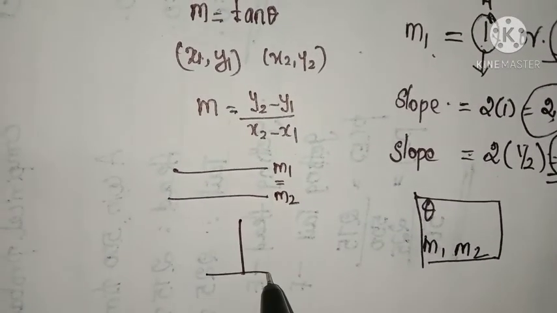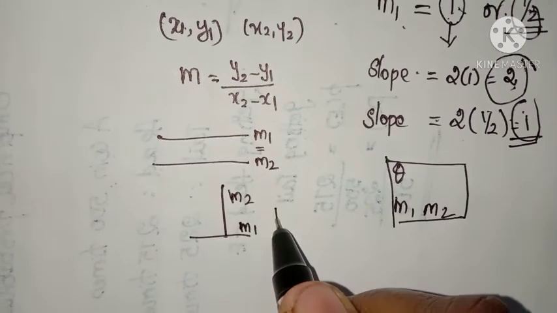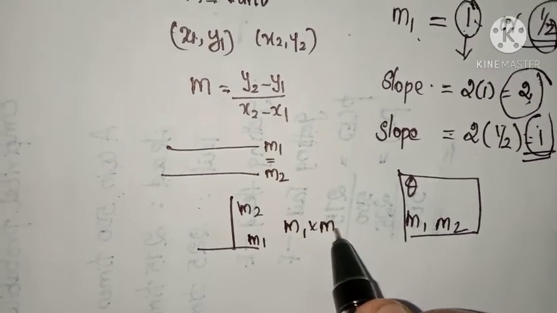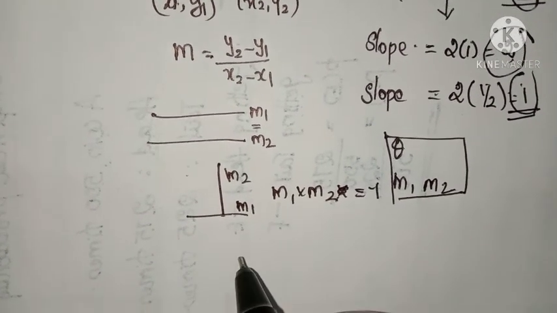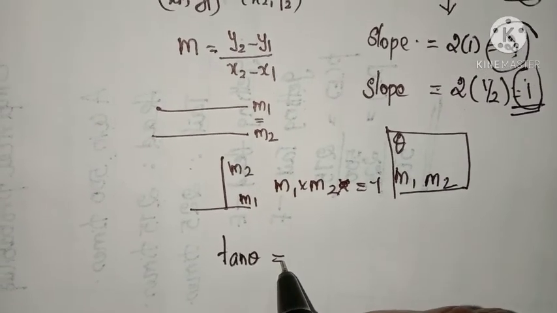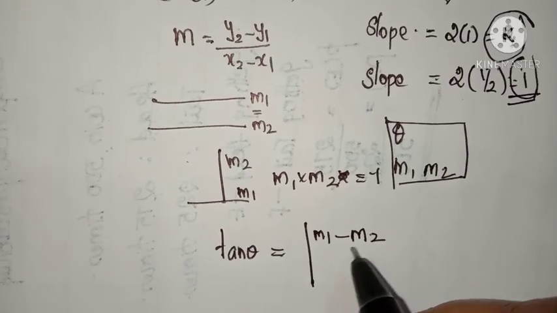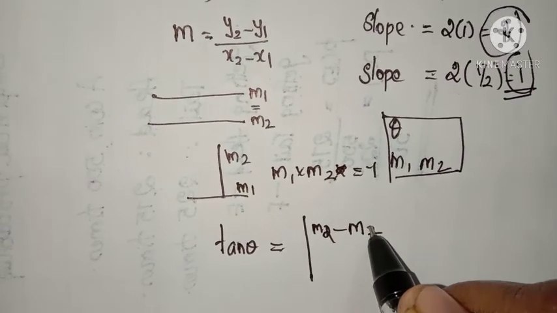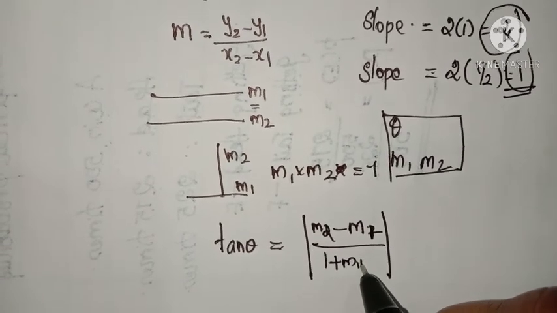When two lines are perpendicular, the product of their slopes m1 into m2 equals minus 1. And finally we discussed tan theta, the angle between two lines, is equal to modulus of m1 minus m2 or m2 minus m1, both are the same, by 1 plus m1 m2.